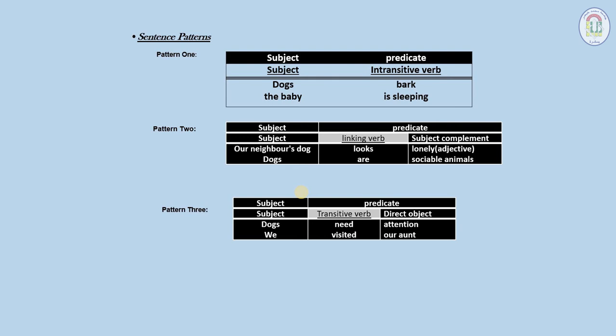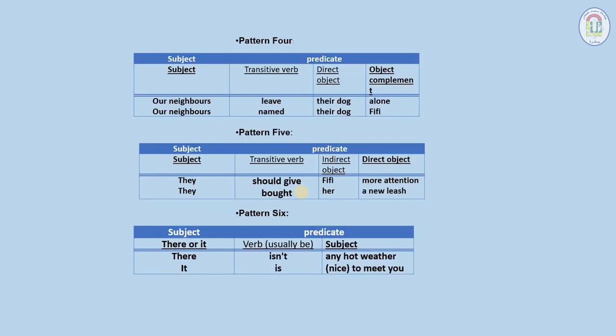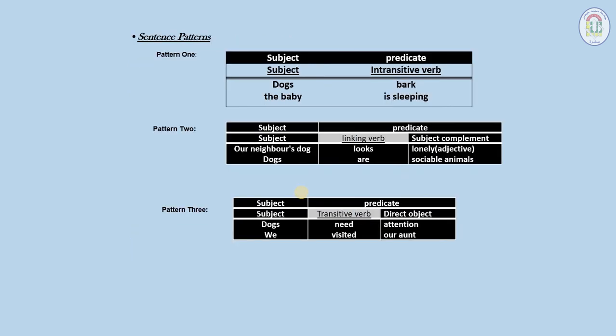The sentences in English can come in six main patterns. These are the 3, and these are the 3 other ones. So what do we have here?